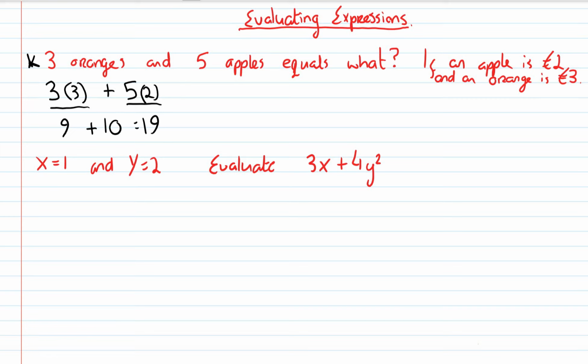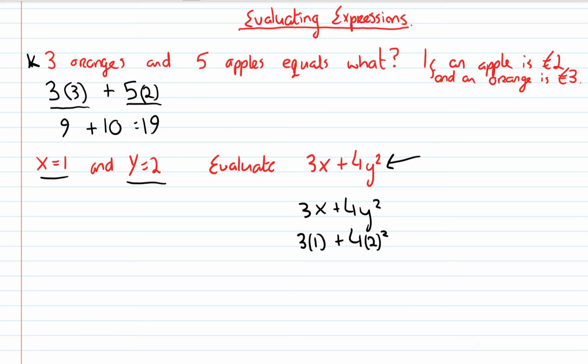Okay, so if we look over here, I'm going to evaluate this. We have 3x plus 4y squared, and I've been told that x is 1 and y is 2. So anywhere I see an x, I'll put a 1 in brackets. And anywhere I see a y, I'll put a 2 in brackets. Okay, indices first, remember, BIMDAS.